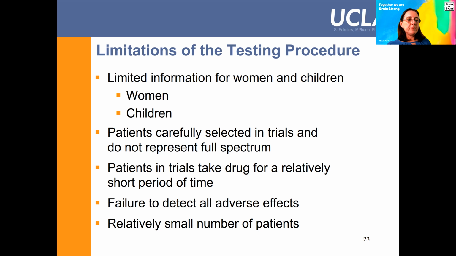Even though they want people who mimic the general population, they also want to avoid some artifact that can be caused by the disease rather than by the drug. So they try to have, I don't know if I can say a pure population, but they want a population that is as healthy as possible to try those drugs.